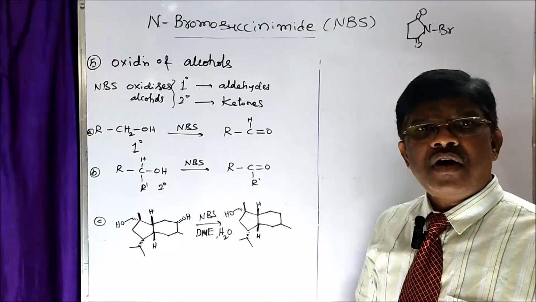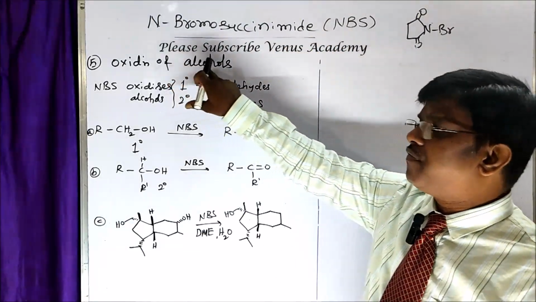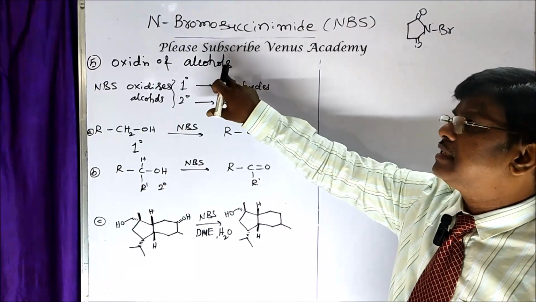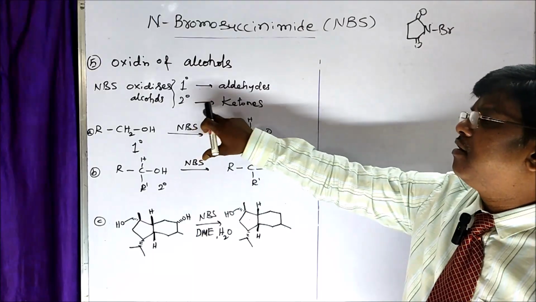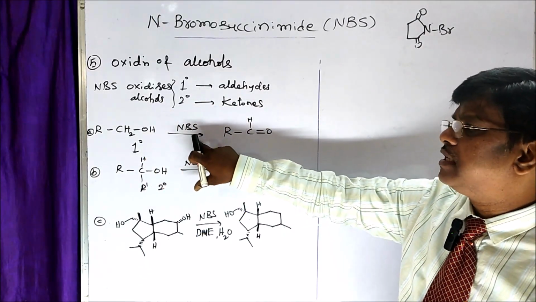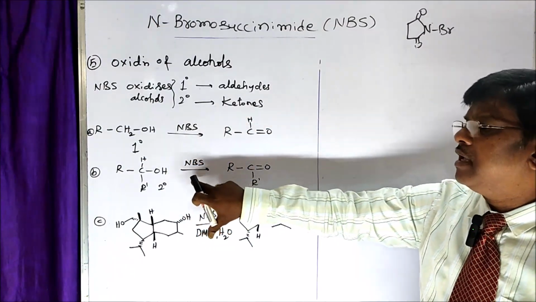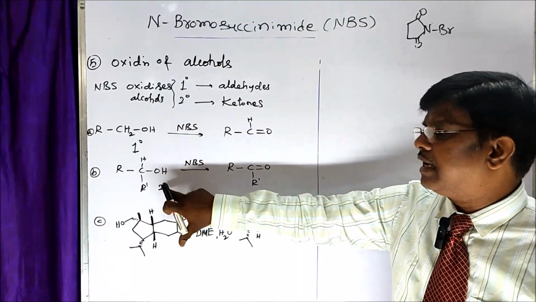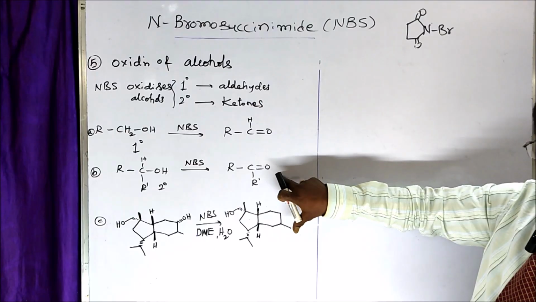Yes, students. So another important use of N-Bromosuccinimide is oxidation of alcohols. Dear students, this reagent can oxidize primary alcohols into aldehydes and secondary alcohols into ketones. So if I take a primary alcohol and do the reaction with N-Bromosuccinimide, it is going to form an aldehyde. In a similar manner, if I take this secondary alcohol and do the reaction with N-Bromosuccinimide, we are going to get ketones.